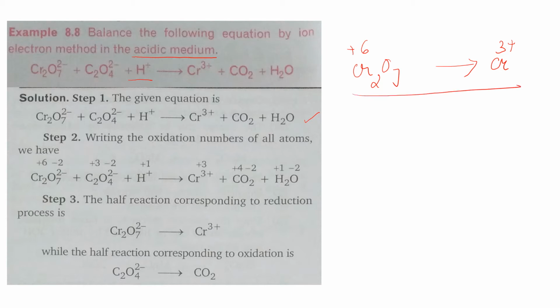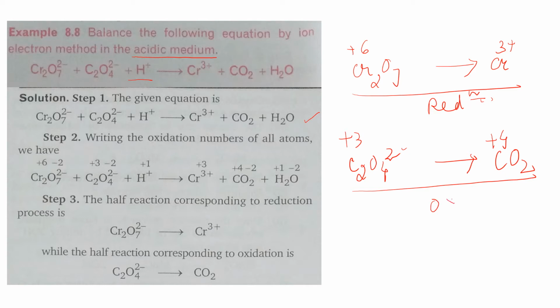And you can see that in C2O4 2-, carbon is +3, and it is going to CO2, that is +4. There is an increase in the oxidation number, so carbon is undergoing oxidation. So you have to separate these two equations.